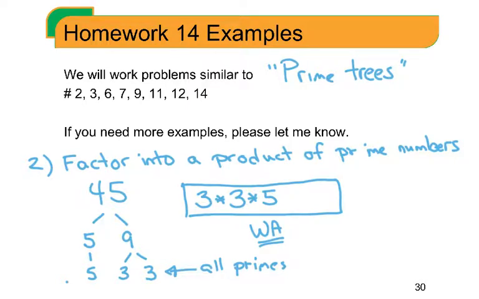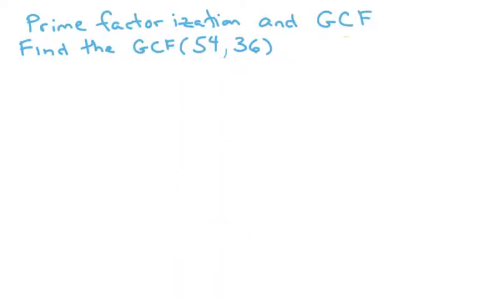Okay, before we move on, I want to talk a little bit about prime factorization and finding greatest common factors. Suppose you're dealing with a problem and the coefficients are 54 and 36, and you need to find the greatest common factor of these two numbers. Well, the first thing you want to do is get the prime factorizations.